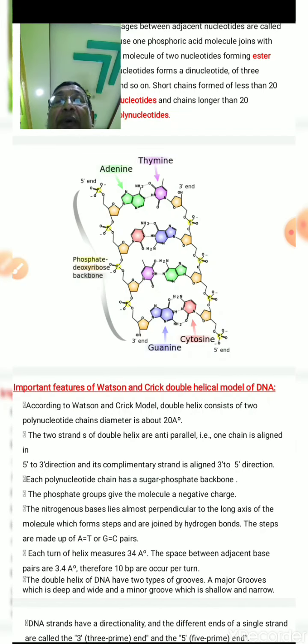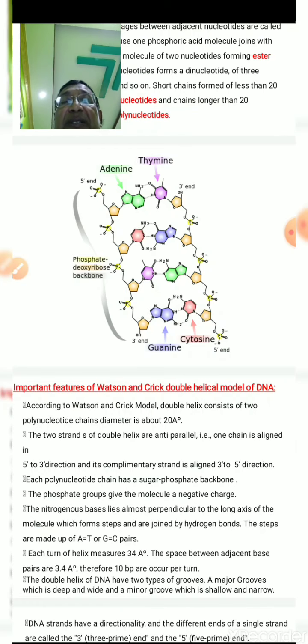So naturally, when one strand is at the 5' position, the complementary strand will be at the 3' position. That is what is popularly known as 5' 3' and 3' 5'.